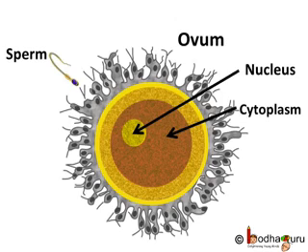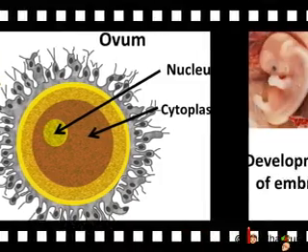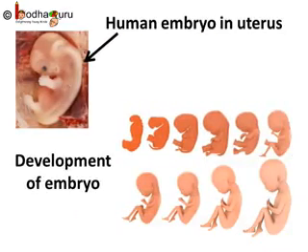The human ovum measures approximately 0.12 millimeter in diameter. After fertilization, the zygote grows into an embryo, and the embryo keeps on growing and turns into a full-fledged human being inside the uterus. This means the baby stays in the uterus of the mother.